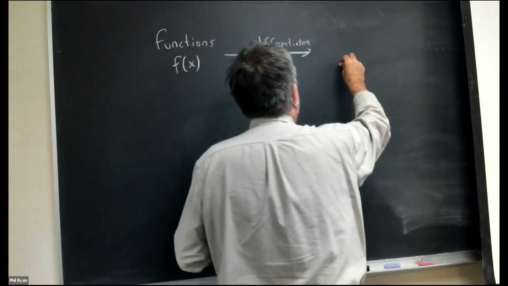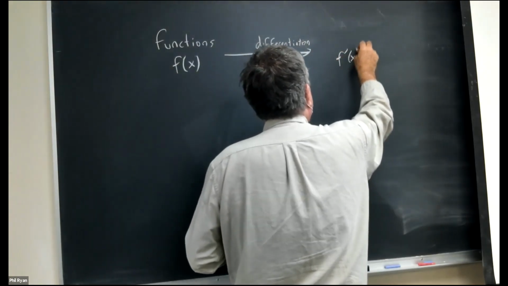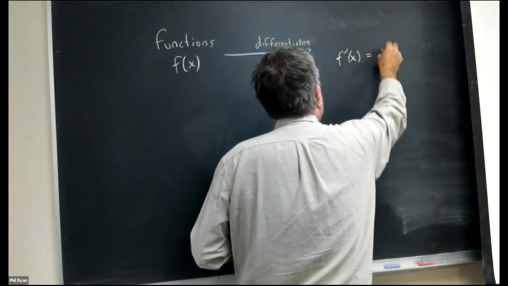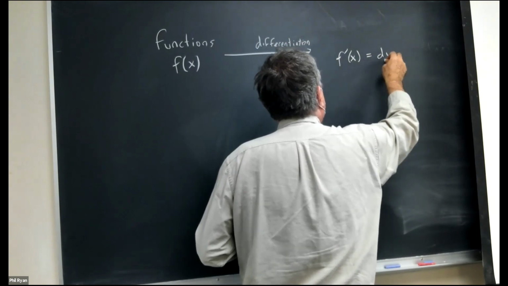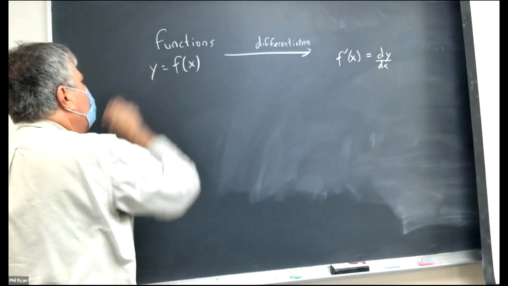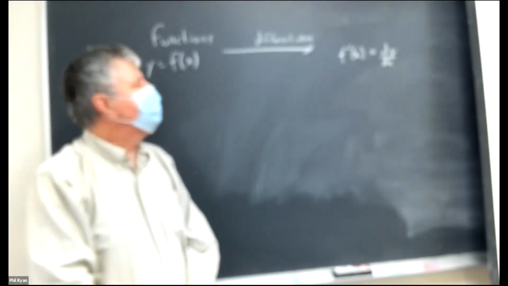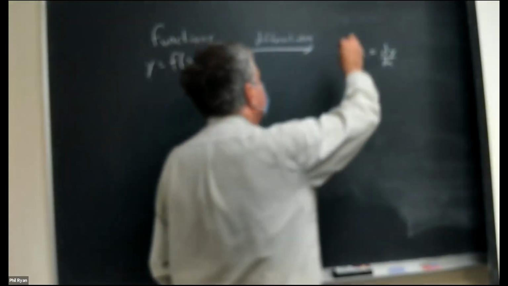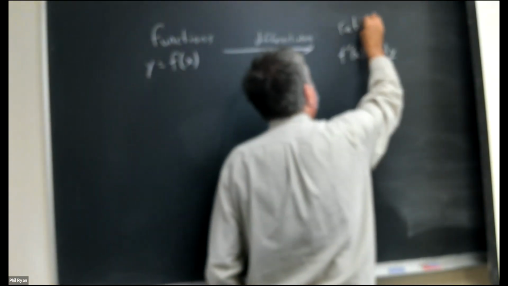And f of x became f prime of x, or dy dx is another way to do it. So y equals f of x. We went from a function to a rate of change.